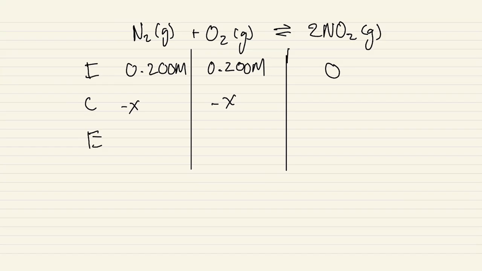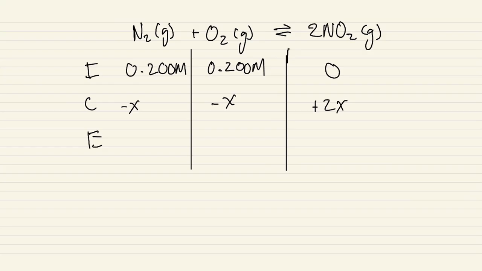And what about for our product here? It should be plus 2X, right? Because we're increasing its concentration, and for every mole of reaction that happens, we create 2 moles of our product.